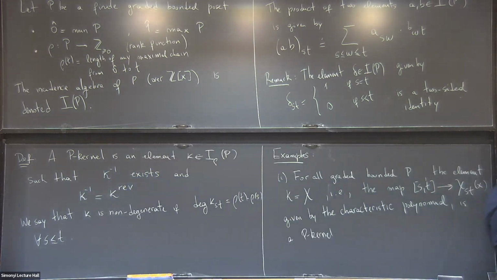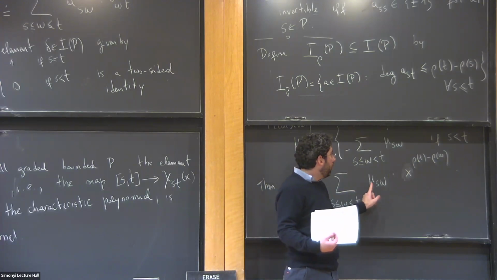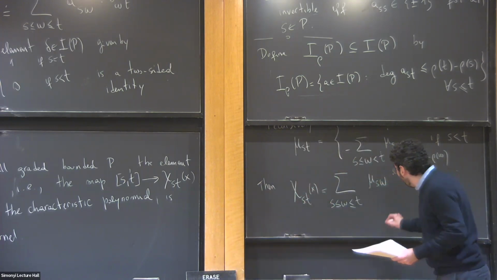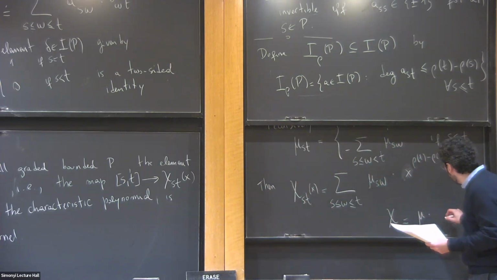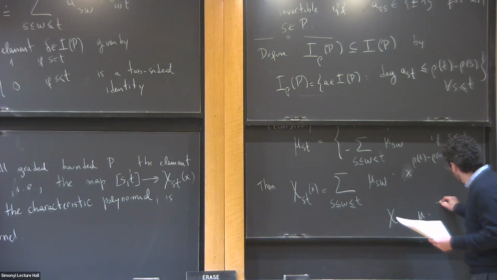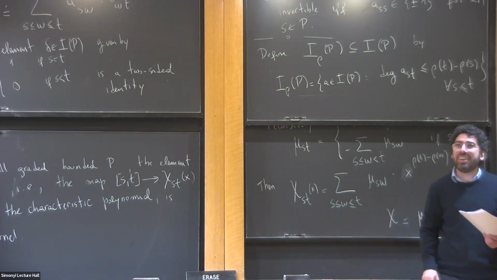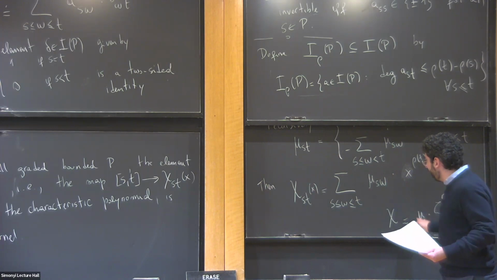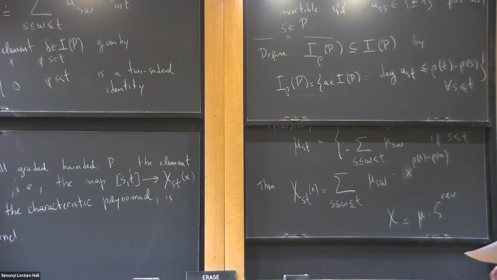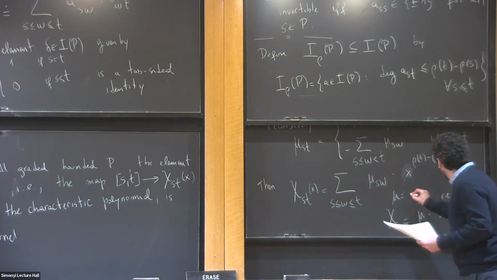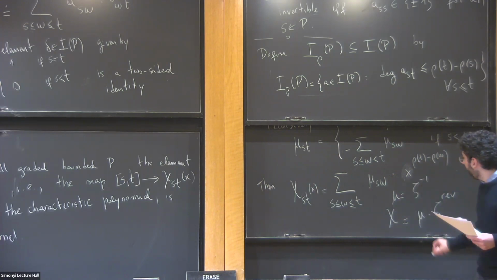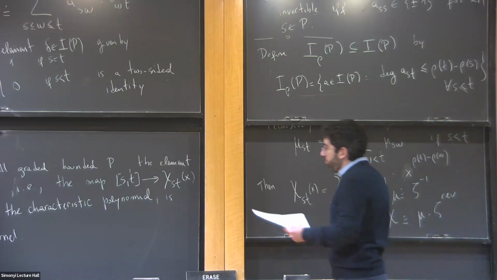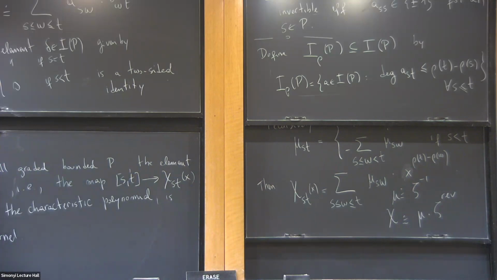If you want to be very fancy, you can write chi as mu times this element zeta reversed. What I wrote here is just a reformulation of this. So this is one definition, and this is another definition.